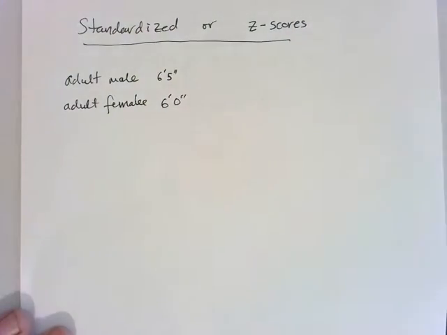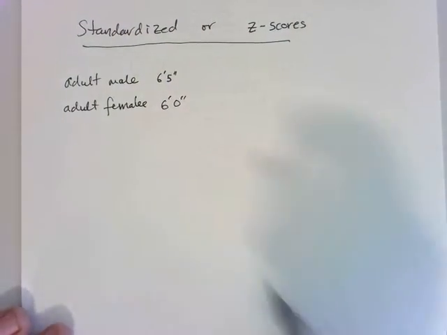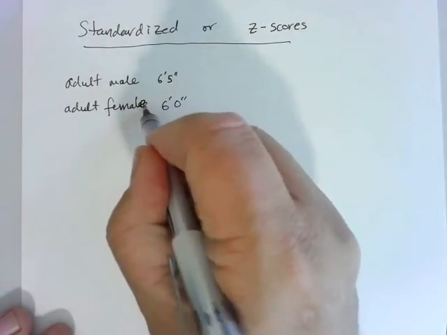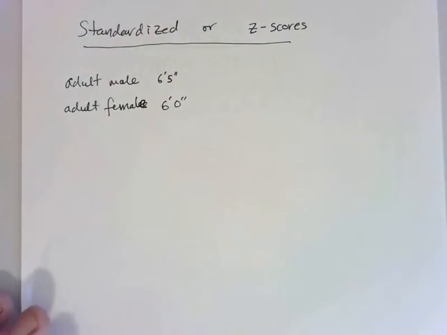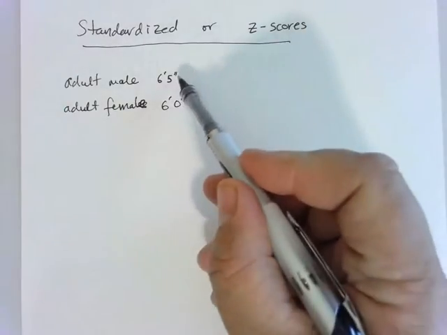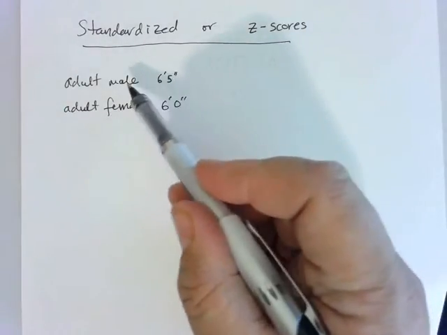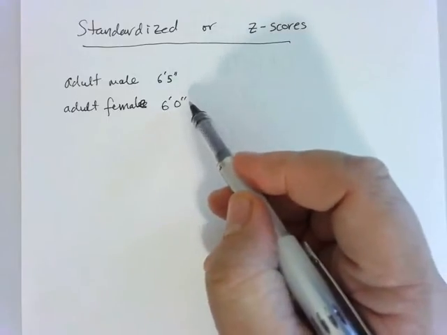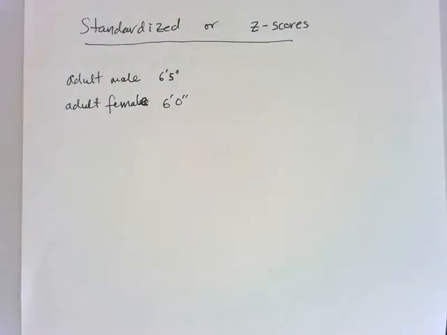Now the guy is taller than the girl, obviously, but the question we want to ask is which one is more unusual out of the population it's drawn from. Is a 6'5" guy more remarkable amongst all guys than a 6 foot tall woman out of all women? And z-scores or standardized scores are a very effective way for making a comparison like that.